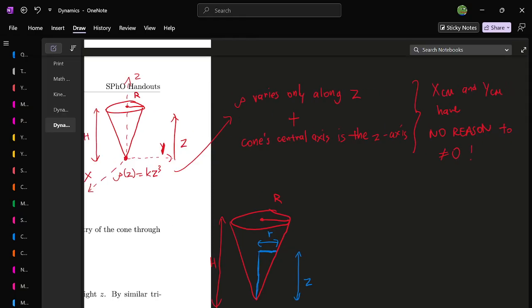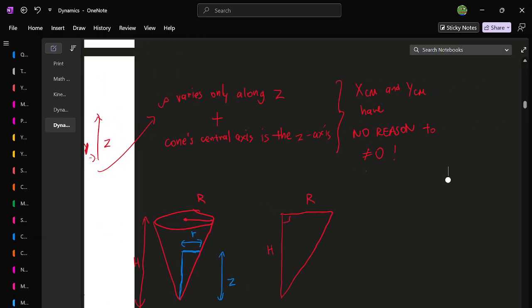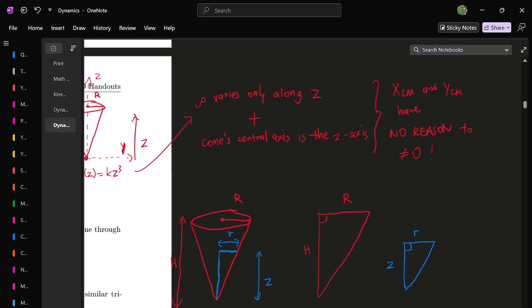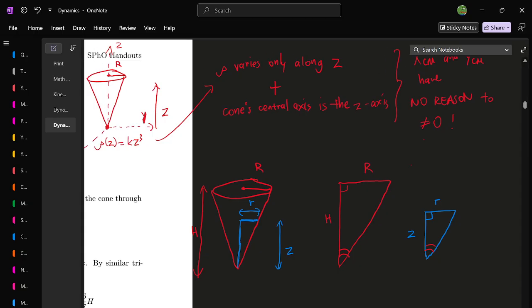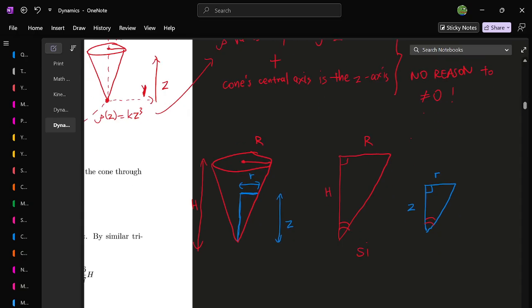We can just redraw two triangles as such, and both of these are right triangles. Clearly this angle is the same for both triangles, so these two triangles are similar.